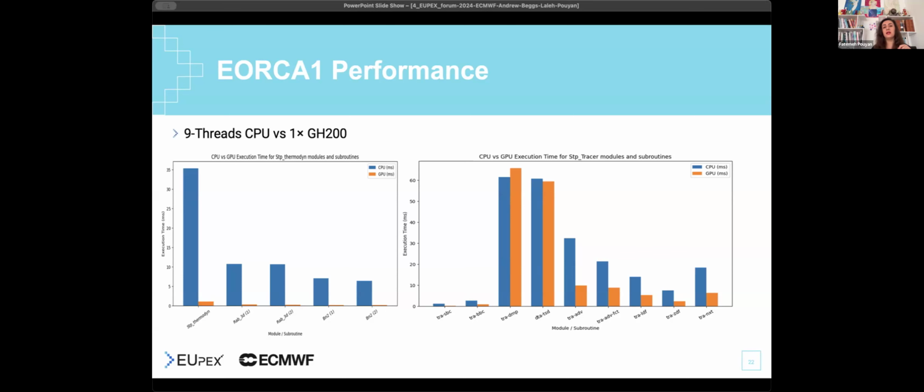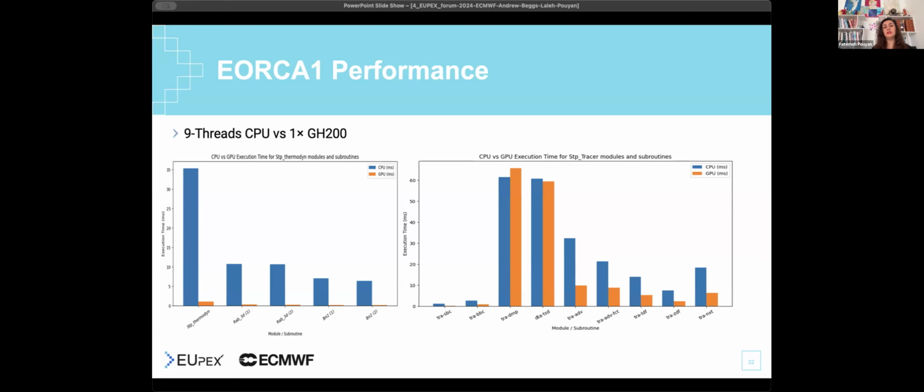However, as I already mentioned, we are in the preliminary testing and we just want to see first how we can reach the full coverage of porting on GPU, and then we go to performance profiling and performance comparison between CPU and GPU.